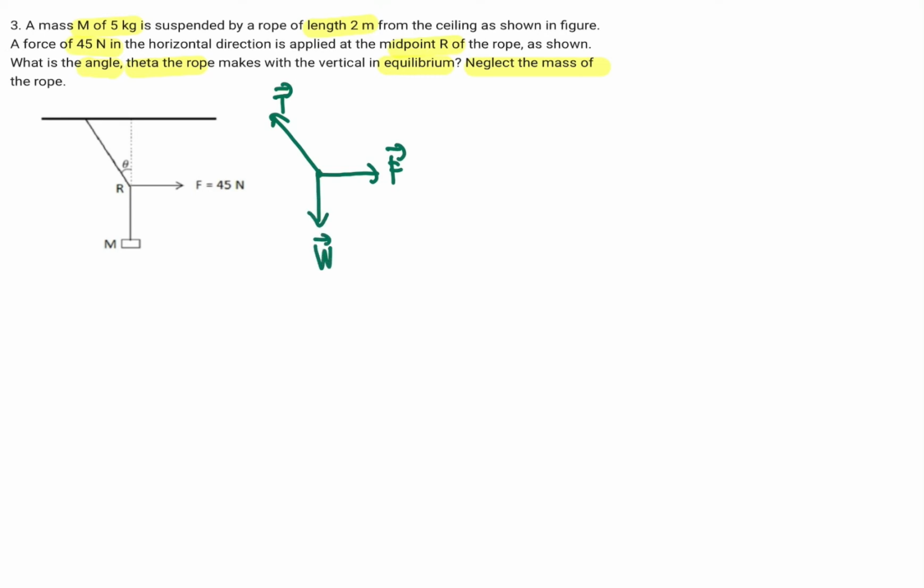Now because it is in equilibrium, your summation F will be equal to 0. So for the x component, summation Fx is equal to 0.